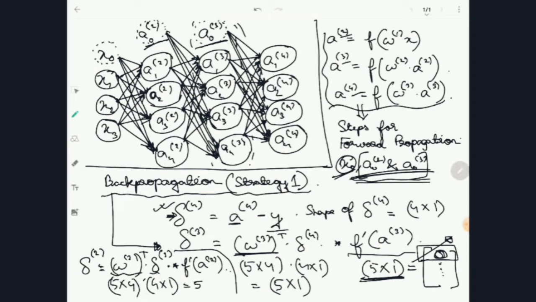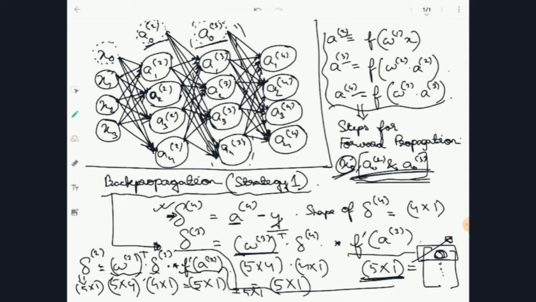So this becomes 5 by 1, and f dash of A2 is again 5 by 1, with the first element 0. So from this we can obtain a vector of 5 by 1 with the first element 0 and the remaining elements having certain values.